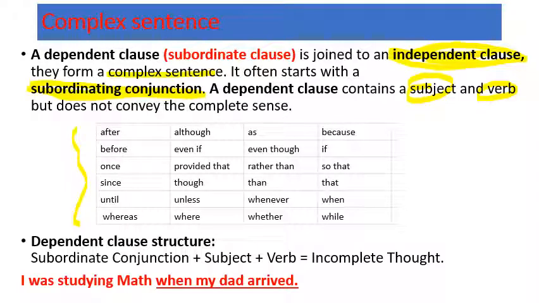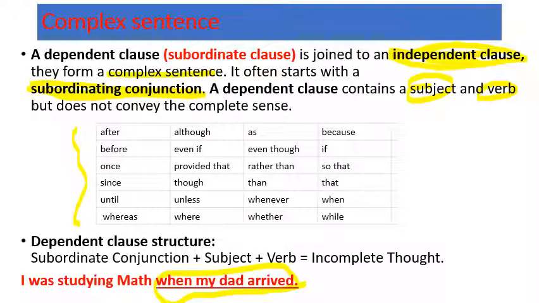This structure, as I said earlier, subordinating conjunction, subject, verb, but the thought remains incomplete. If we look at the following sentence, I was studying math when my dad arrived. This is the dependent clause. This is the subordinating conjunction, this is the subject, and this is the verb.